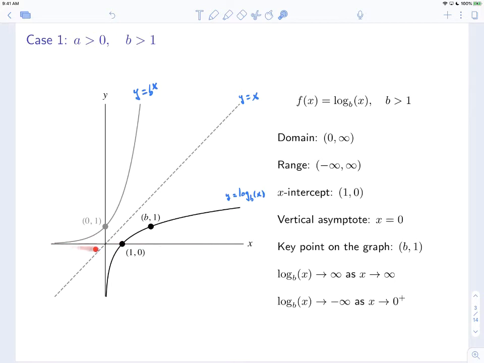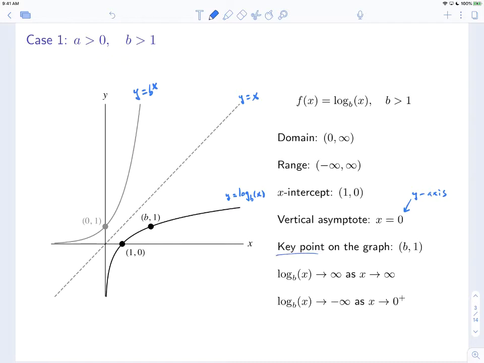And so its horizontal asymptote needs to be reflected as well. If you reflect this horizontal asymptote through the line y equals x, you get the vertical one. That's why the y-axis, or x equals 0, is a vertical asymptote for the logarithmic function.